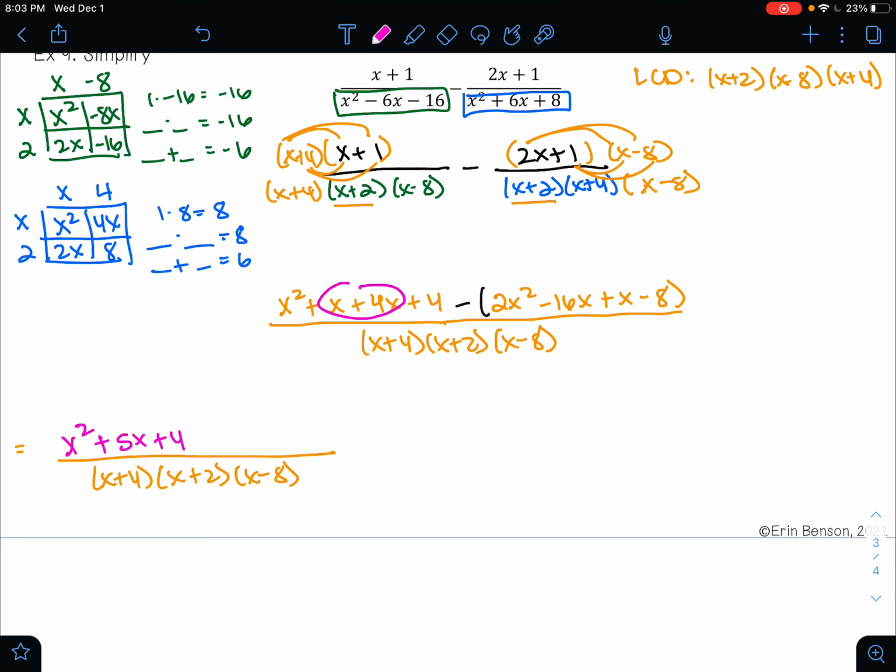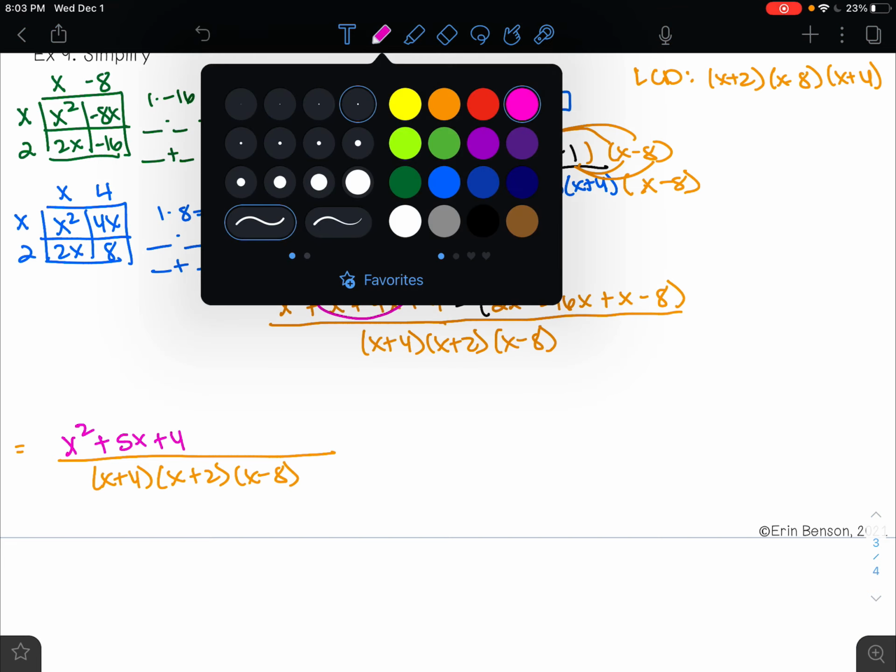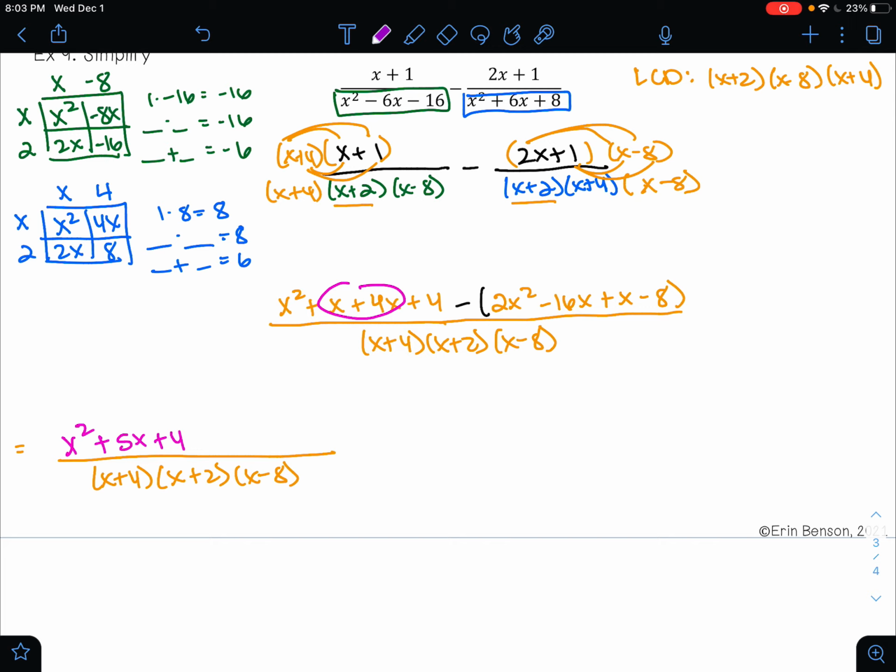And then I am going to distribute this negative. Before I do that, negative 16x plus x is negative 15x. So let's see. Negative 1 times 2x is negative 2x squared. Negative 1 times negative 15x is positive 15x. And negative 1 times negative 8 is positive 8.